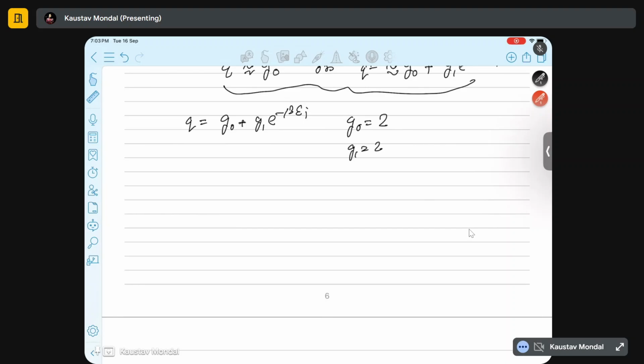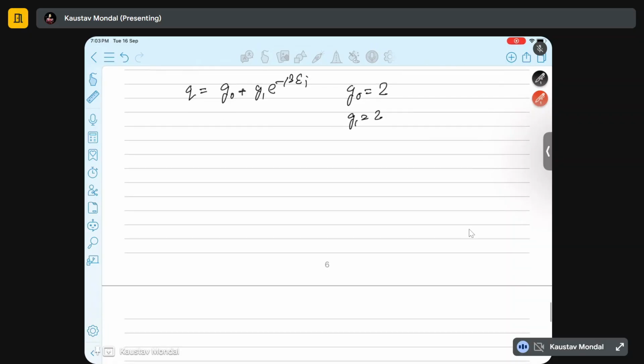That means both the ground state as well as the first excited state have two-fold degeneracy. So the total electronic partition function takes the form 2 plus 2 e to the power minus beta epsilon. Let's suppose for the time being that E1 is just epsilon.